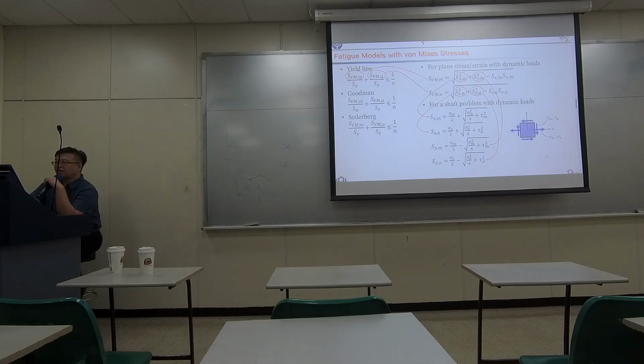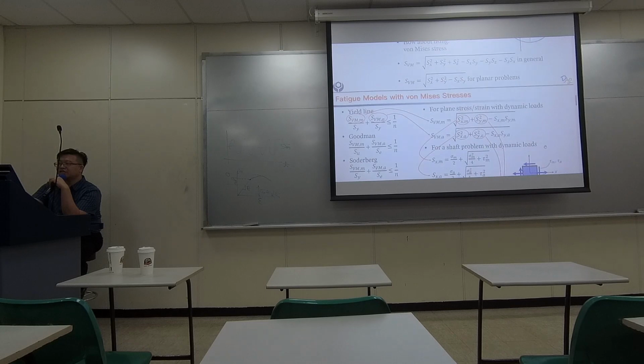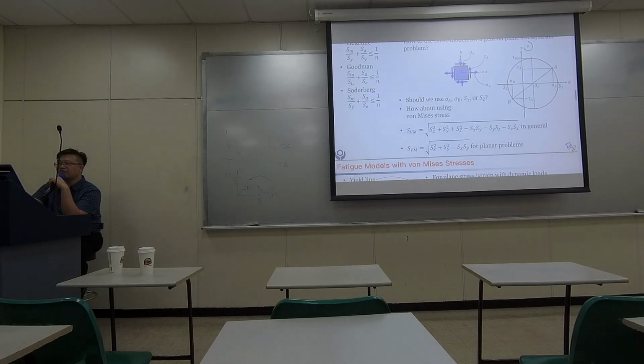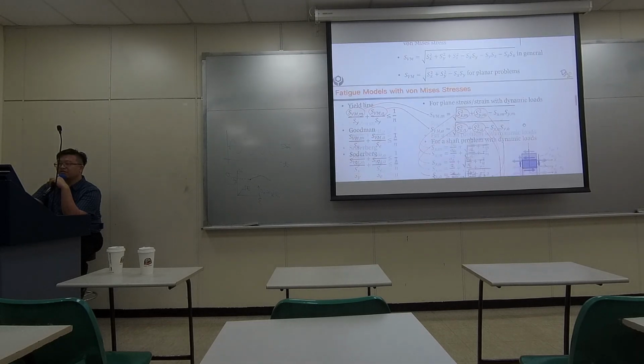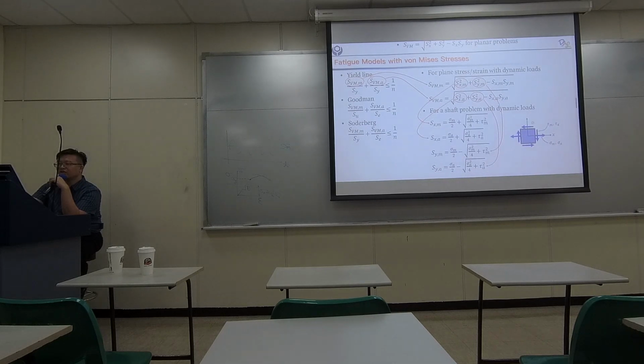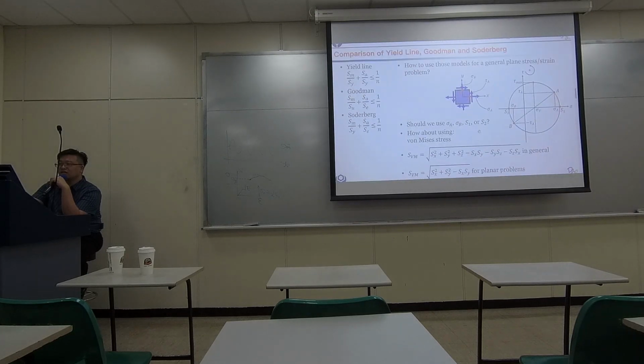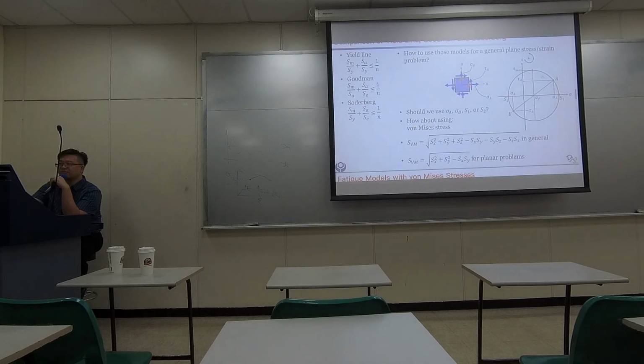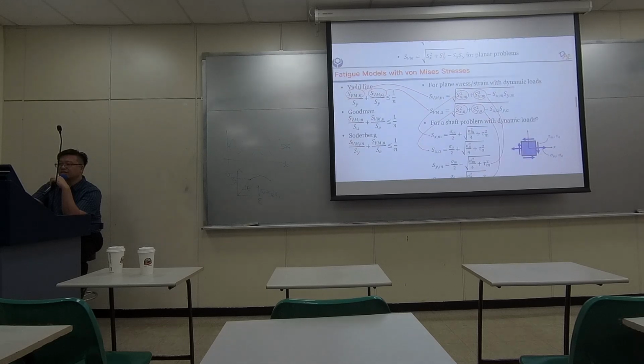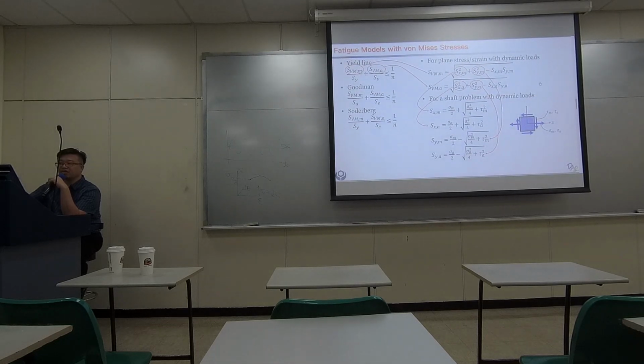So this is a very general case where we have, this one is a simpler one. Because over here we have sigma B, but for shaft problems, we don't have sigma B. So this is actually a little simpler than this problem, okay? But even if we have the problem in the previous slide, same thing, you still can derive in this way.